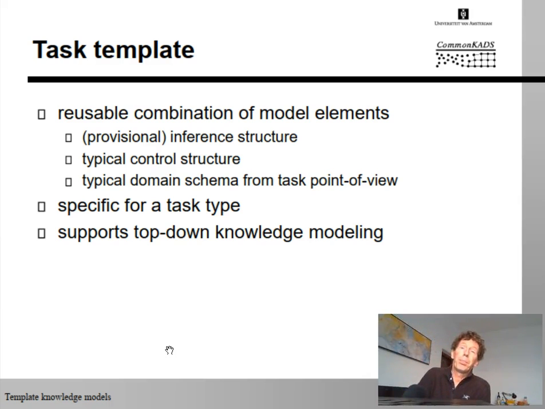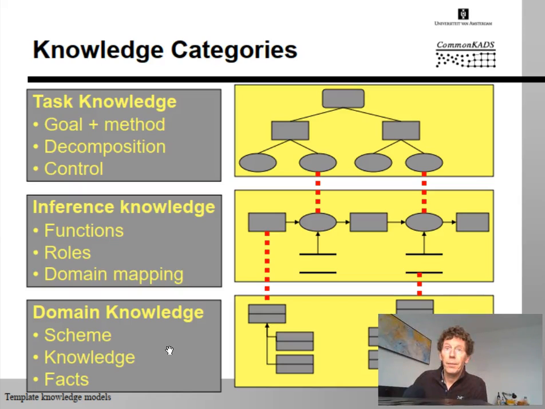It contains a control structure over such infrastructures, and it contains a domain schema that you need to fill in for your domain. So this is exactly in accordance with the structure of the overall CommonKADS model. A knowledge model template consists of task knowledge, inference knowledge, and domain knowledge.